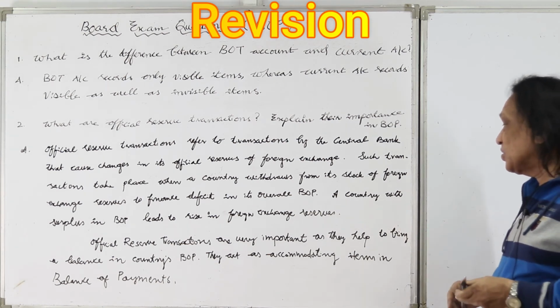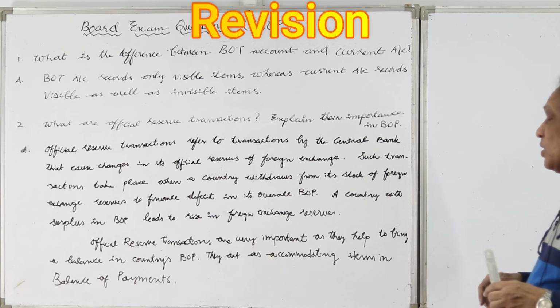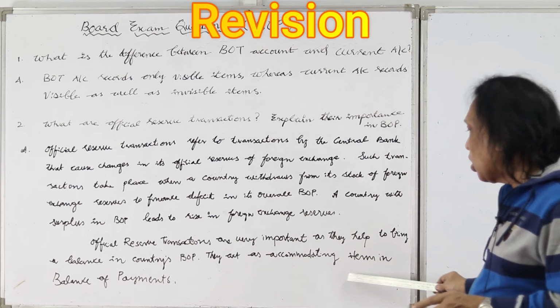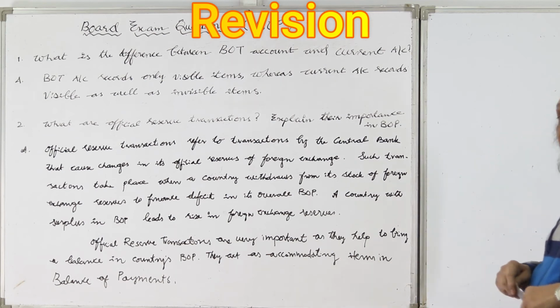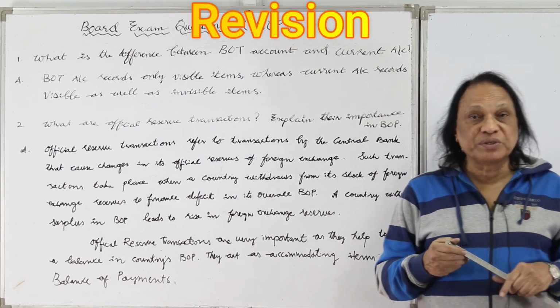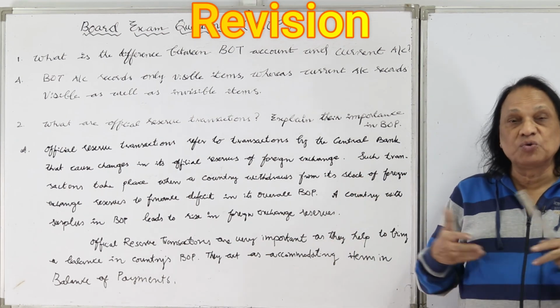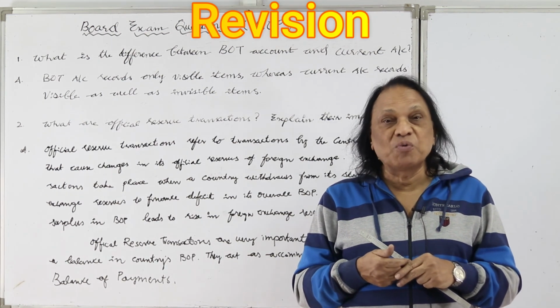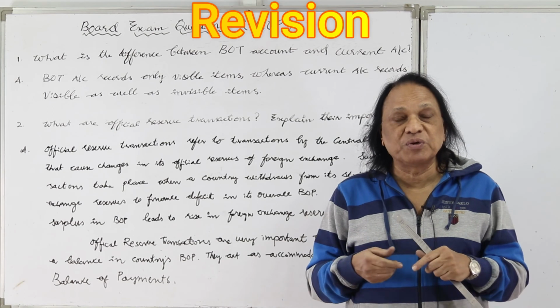Official reserve transactions are very important as they help to bring a balance in the country's BOP. They act as accommodating items in BOP. There are two: one is accommodating, one is autonomous items. They act as accommodating items because they help to balance the BOP.